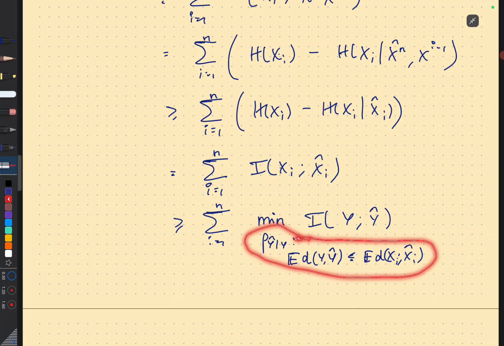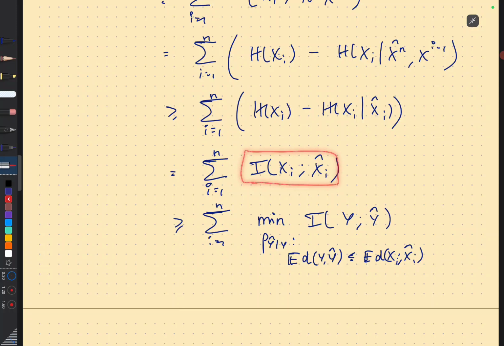It includes p(xi, xi hat), but potentially it can also include other distributions. I don't care how many more distributions there are, but it at least includes p(xi, xi hat). So it means that the minimum of the mutual information over this class of distributions should be less than or equal to the mutual information for one specific distribution in this class, which is p(xi, xi hat).